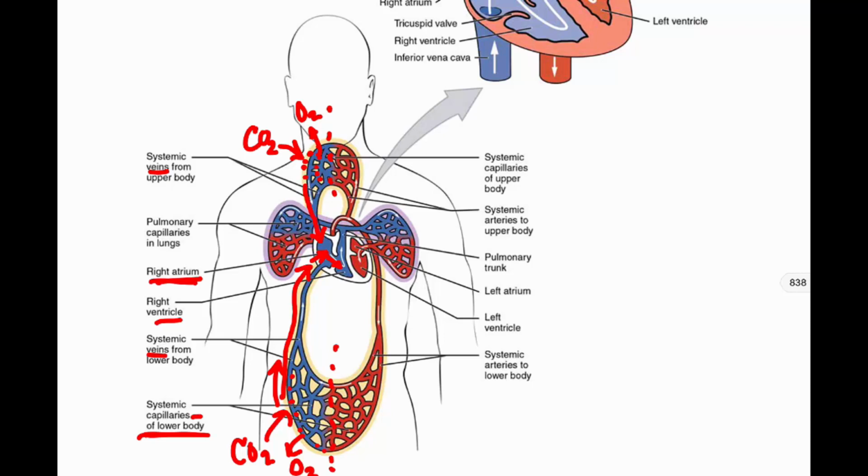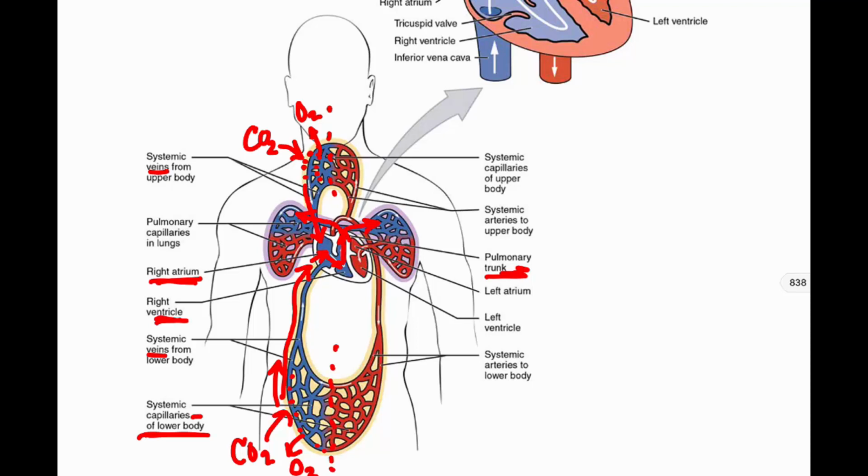Then that deoxygenated blood, you can see it's still blue, is going to go up through our pulmonary trunk, and then it's going to be pushed into the lungs, the left lung and the right lung. Still blue, still deoxygenated. Once it's in the lungs, now we're part of this pulmonary circuit, because we're in the lungs now, pulmonary.